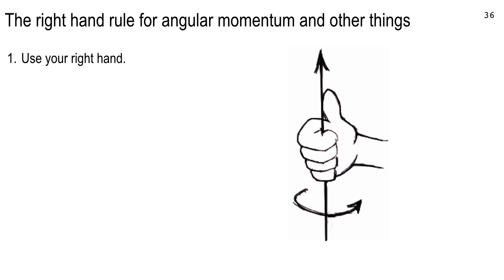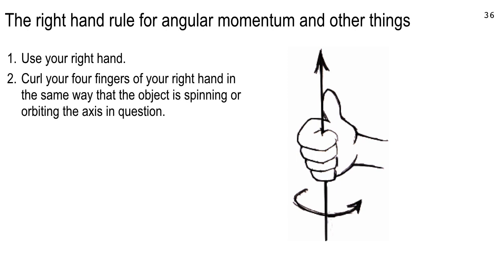All right, so here's what you do. And we're just going to practice this a little bit. Okay, you use your right hand. And you curl the fingers of your right hand in the direction that it's spinning, or orbiting. So for the orbit of the comet going counterclockwise, I need a picture of a comet, and I don't have one here.